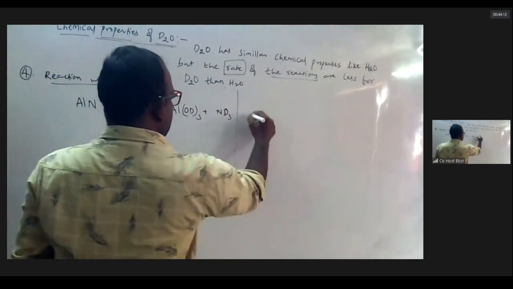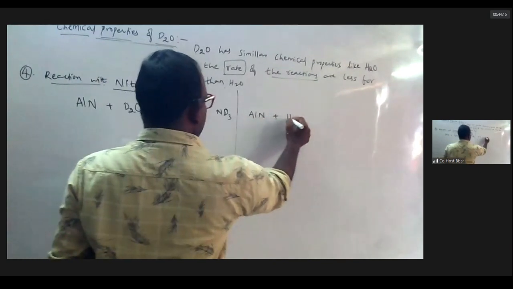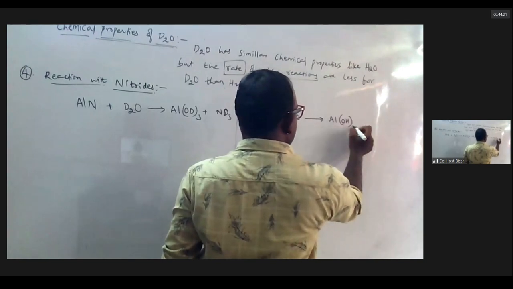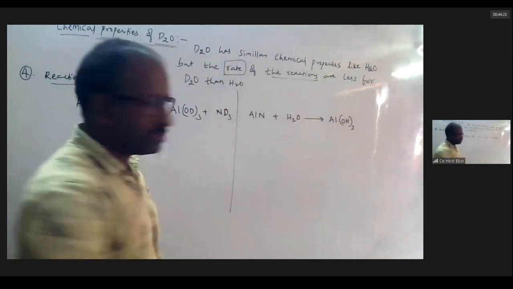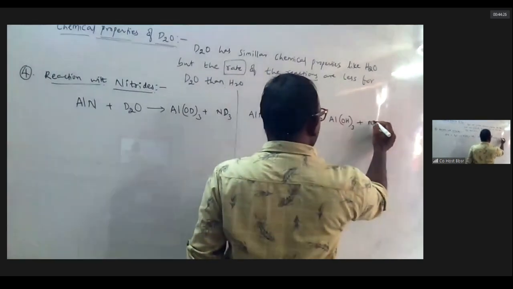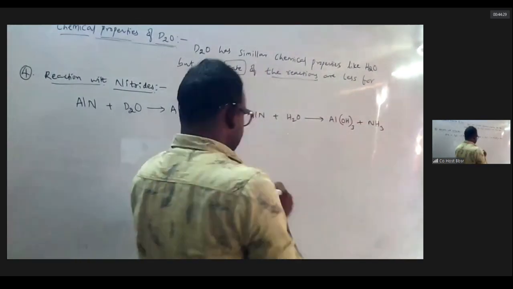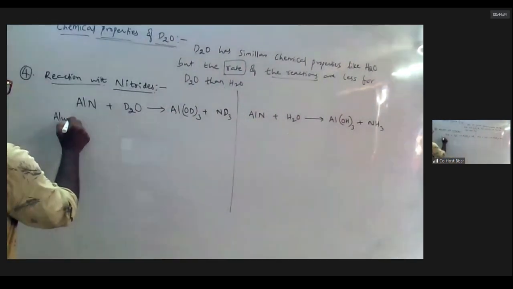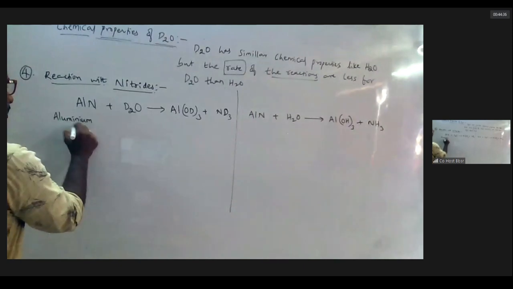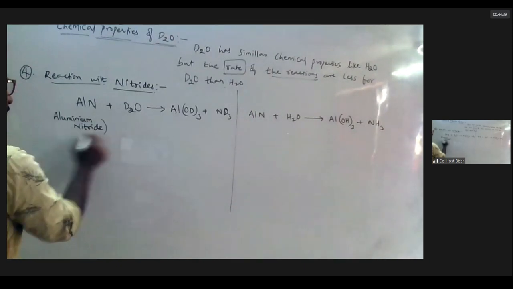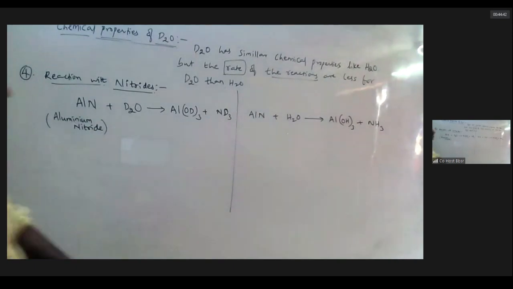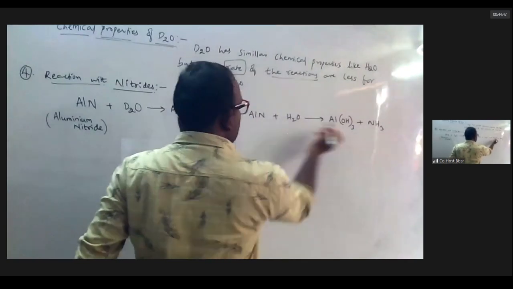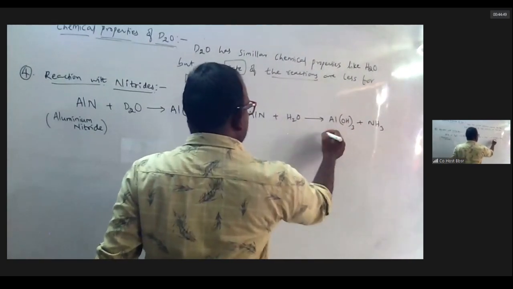This is aluminum nitride reacting with water and forming Al(OH)3, aluminum hydroxide, along with ammonia. Aluminum nitride, AlN, first reacts with water, right? So you get Al(OH)3, aluminum hydroxide.